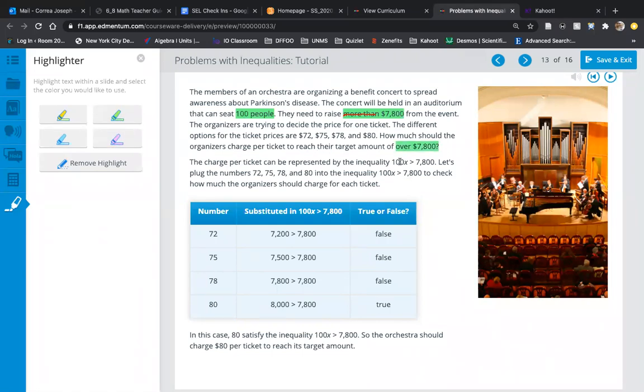So pretty easy to figure out. 100 people, so they're going to sell 100 tickets, and in this case, x is going to represent the ticket price. So if you're buying 100 tickets at x dollars each, that's where this comes from. So 100 people, that's where they got this 100 from.